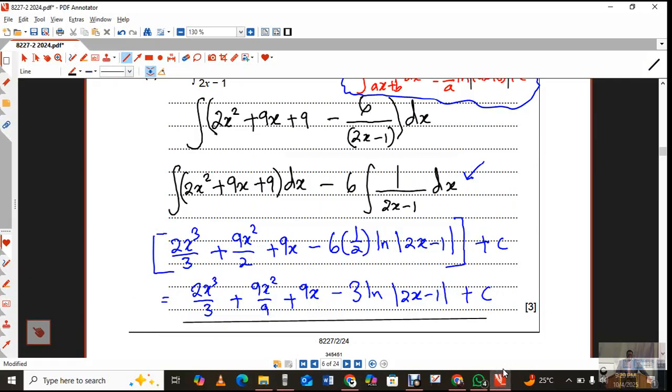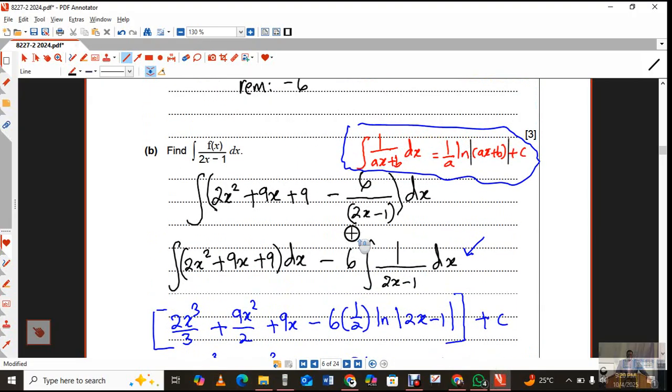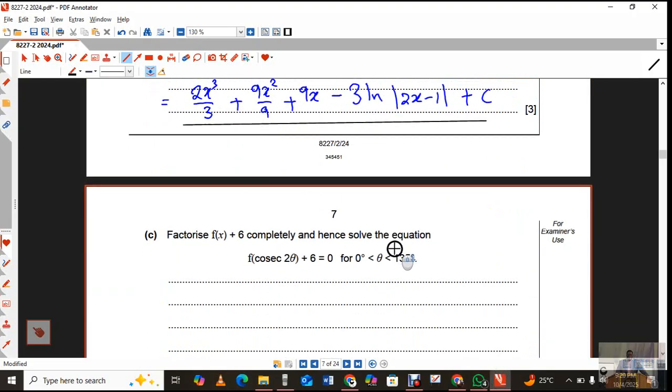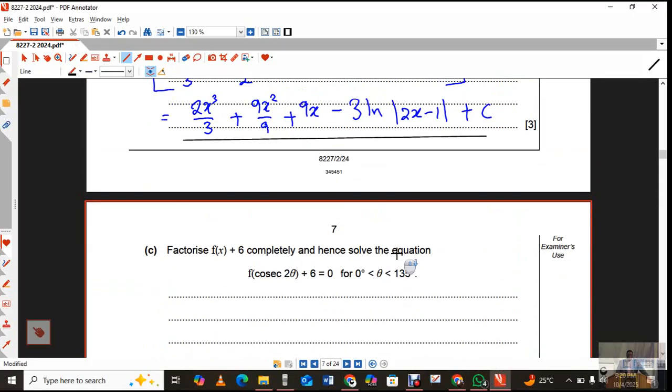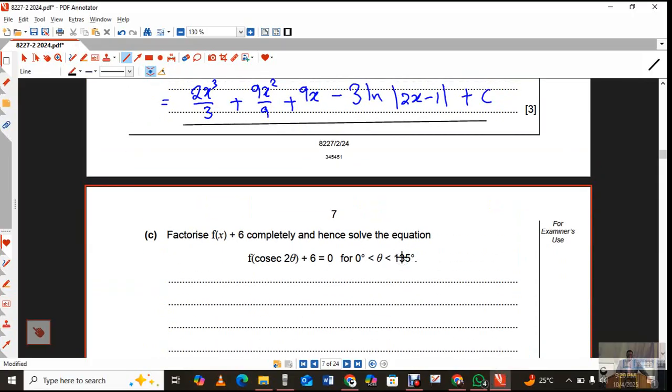Quite a number of steps, and please, you must make sure that you do not skip any one of them. Now there is a similarity here at part C with what we have over there. They are saying we are supposed to factorize that. Now, there was a remainder left.